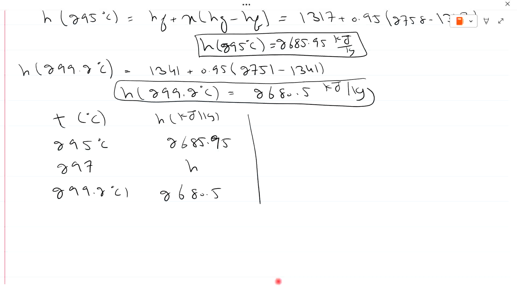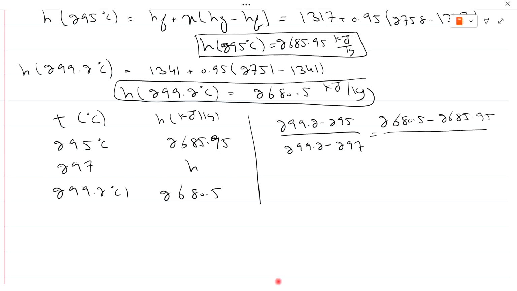So third minus first, 299.2 minus 295 divided by 299.2 minus 297, is equal to third minus first, 2680.5 minus 2685.95, divided by 2680.5 minus h.